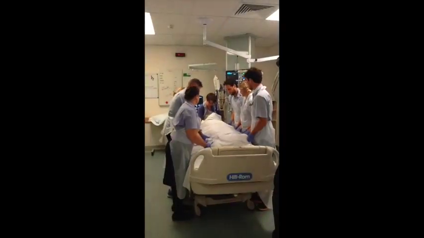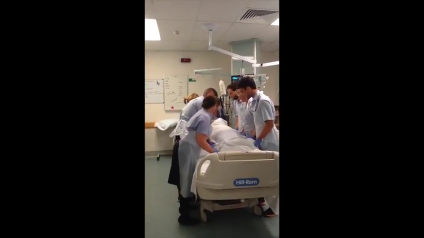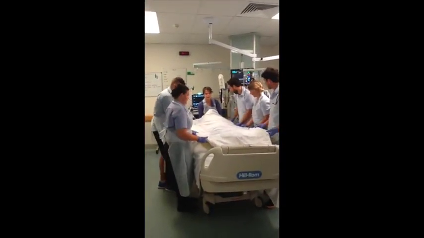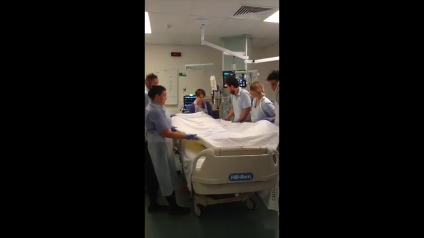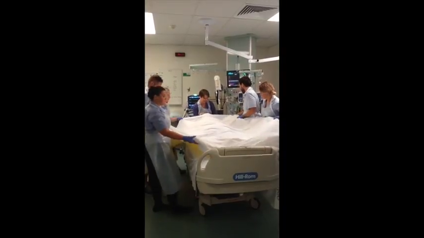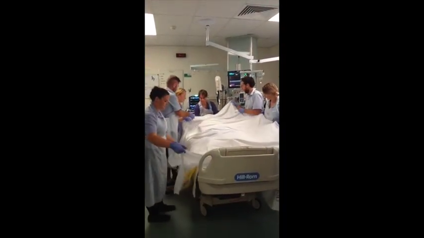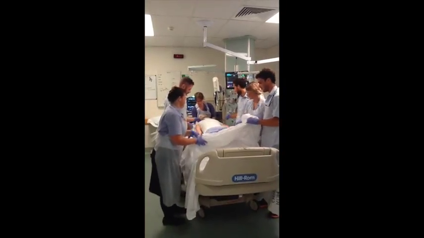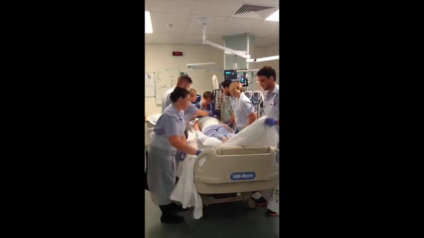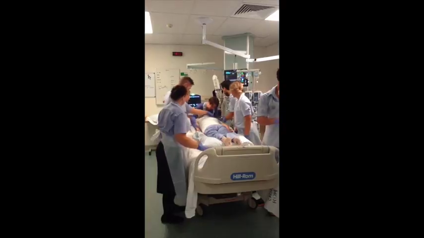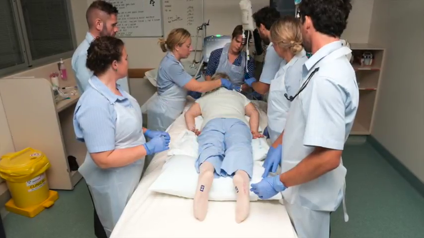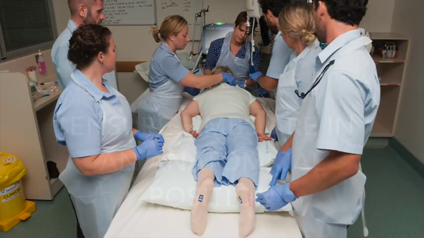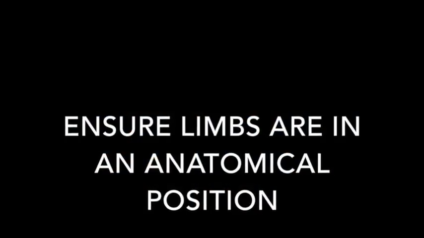Position the patient in the centre of the bed with the top of the patient's head close to the top of the mattress. Then unwrap the sausage roll and remove the bed sheet from the top of the patient. Then recheck all tubing, invasive lines and drains for patency, security and accessibility.